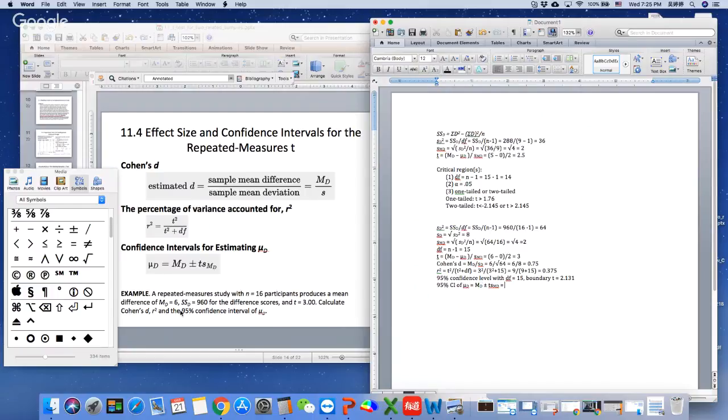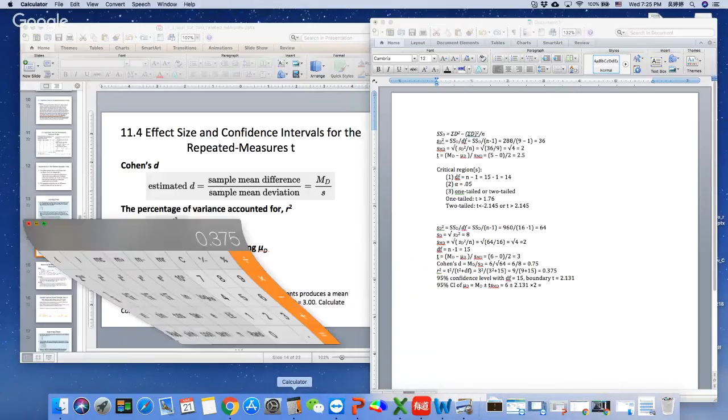So MD we know, which is 6, plus minus T, not the earlier one, this T, 2.131, times SMD, which is 2.